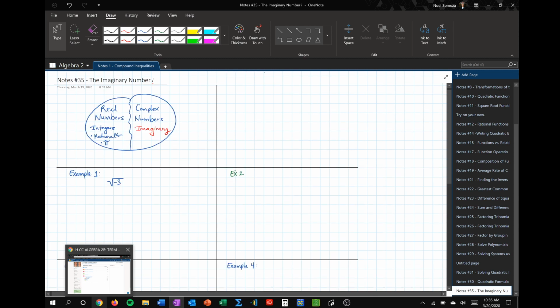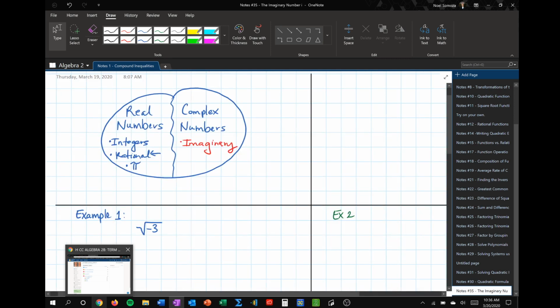So you have imaginary numbers that fit in the realm of complex numbers. Complex numbers take the shape a plus bi, and we're going to get into more detail on the next lesson. The complex numbers have to be written this way, with a number a plus some number times i, the imaginary.